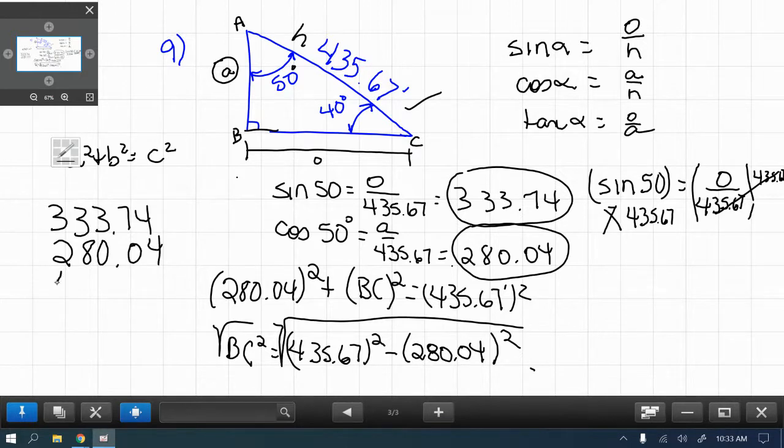And then the hypotenuse. So the final answer I was looking for was 1,049.45 feet.